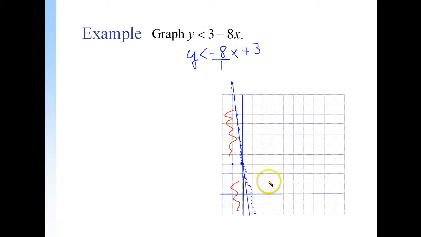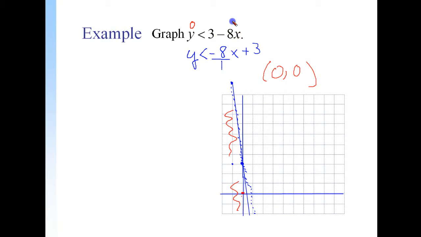Now I'm also going to do a test point. Let's do a test point somewhere here. And one of the best test points is 0, 0. So if I put that test point into my original inequality, is it a true statement? Think about it for a moment. Okay, let's do it. So that's going to be 0.